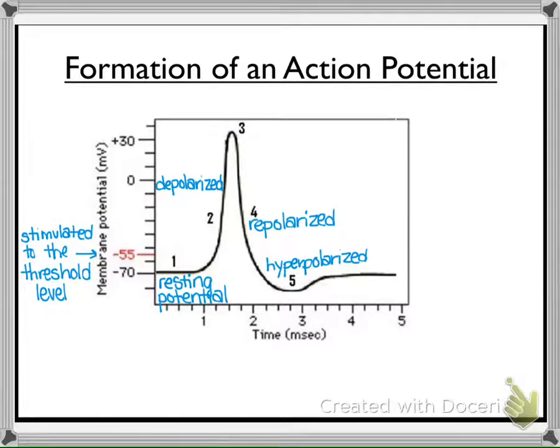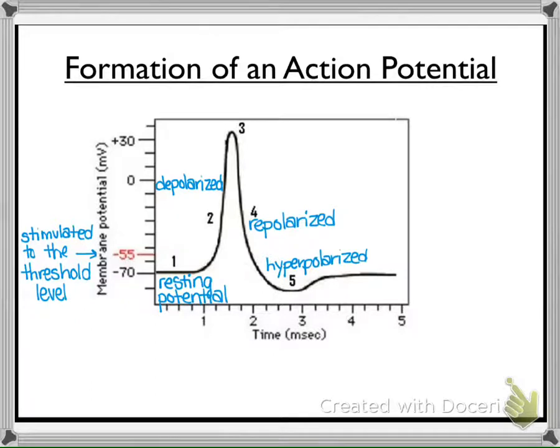Then that sodium-potassium pump is going to start working again, and it's going to return the axon to its resting potential so that it's ready to send another impulse. And we see that here, back to resting potential and ready to send another message. Now, why might hyperpolarization actually be a good thing?